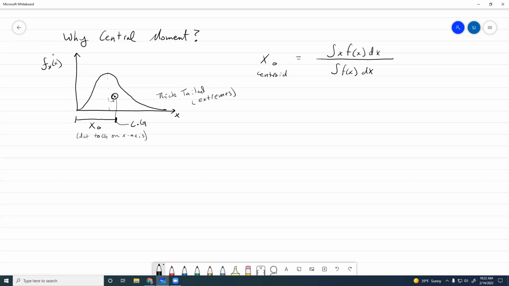So this is basically just from statics, the math of finding the center of gravity of a two-dimensional shape.